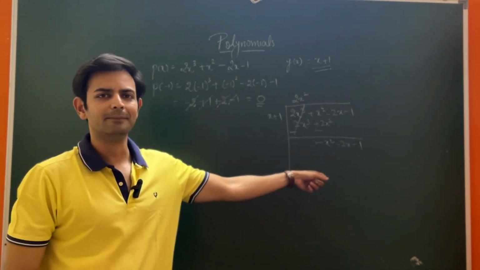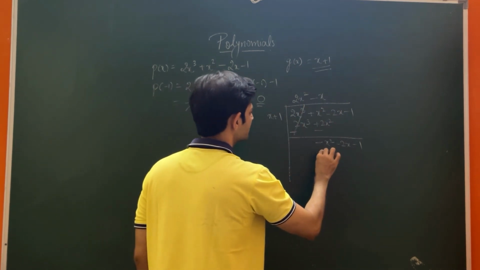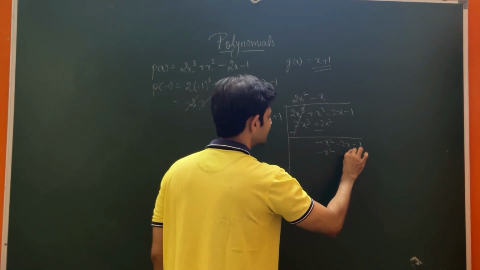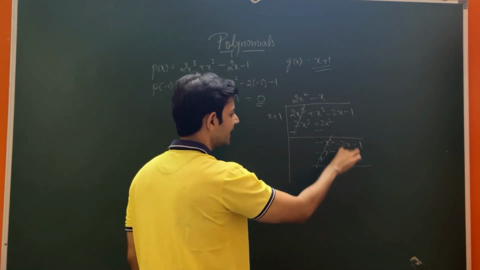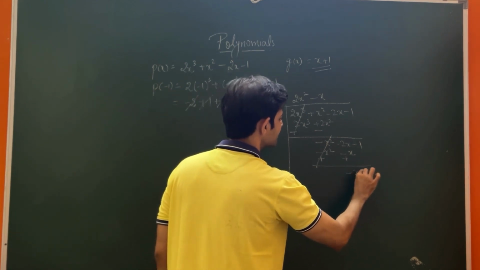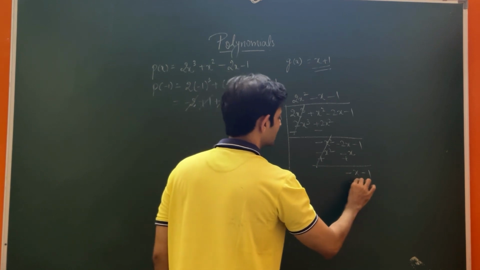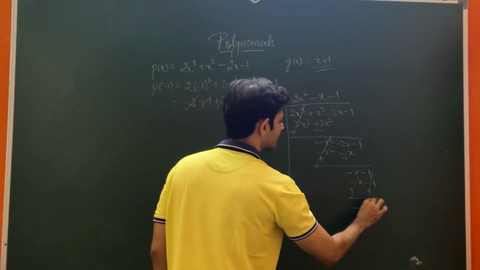Now I need here minus x squared, so I will multiply with minus x. This will be minus x squared, minus x into minus 1 is minus x. Again we change the signs and we get here minus x minus 1. We just multiply this with minus 1, so we get minus x minus 1. Flip the signs, we get 0 as the remainder.